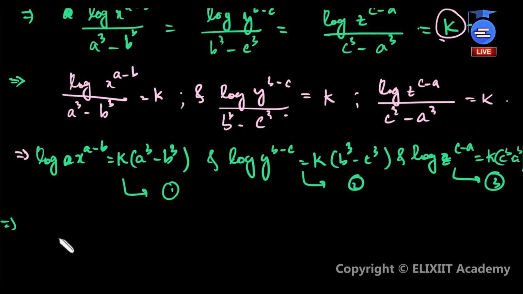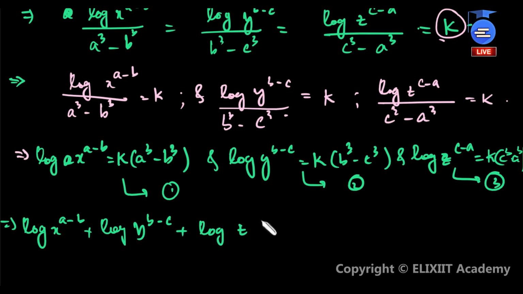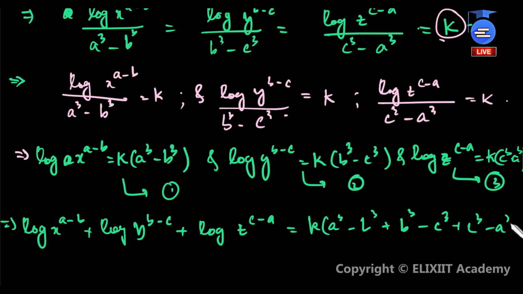This is log x to the power a minus b plus log y to the power b minus c plus log z to the power c minus a is equal to k into a cube minus b cube plus b cube minus c cube plus c cube minus a cube.